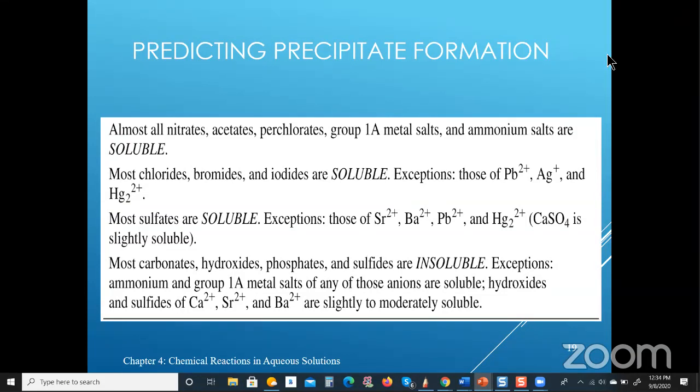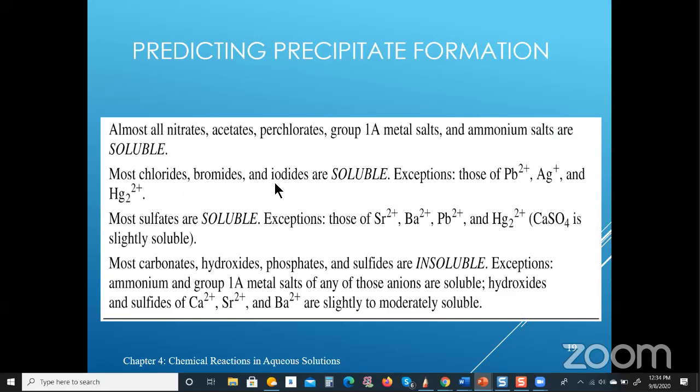So if you look at this closely, you see that it gives you some information about different types of compounds. For example, the first line says, almost all nitrates, acetates, perchlorates, group 1A metal salts, and ammonium salts are soluble, right? So any compound which fits the criteria described in the first line would be soluble.